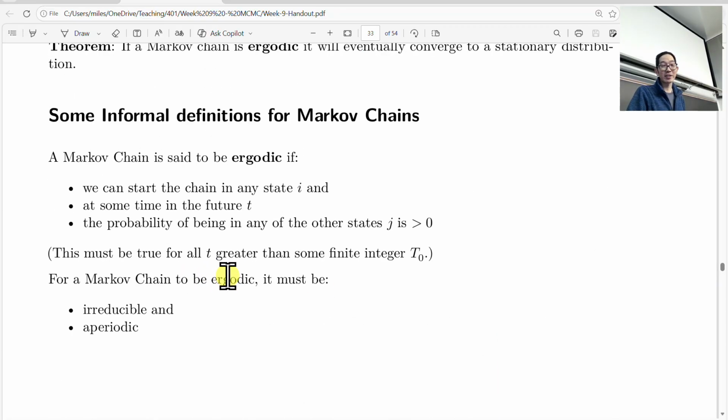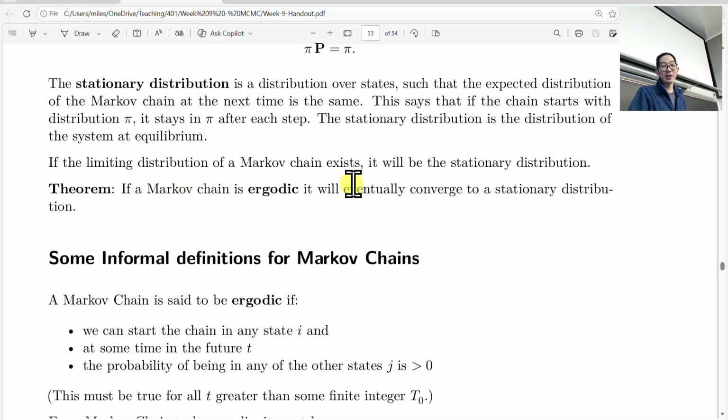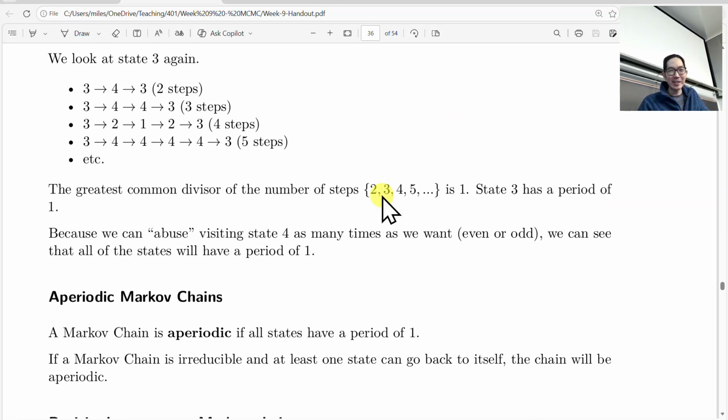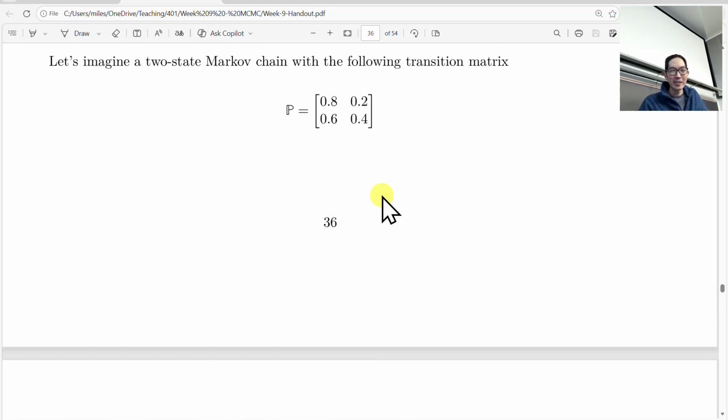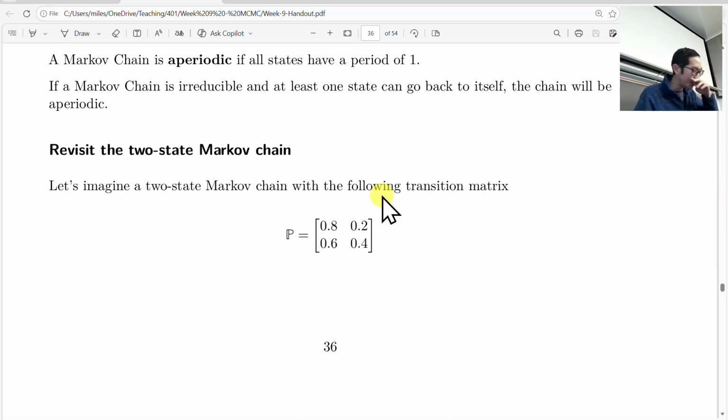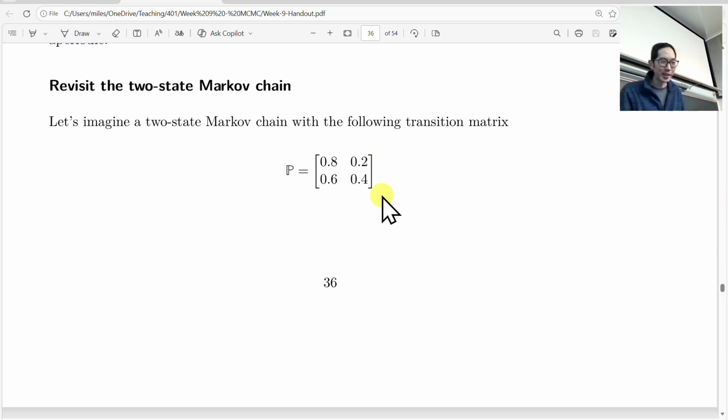And if it's ergodic, it means it will eventually converge to a stationary distribution. So that's the theorem. We're not going to prove any of this mathematically, but this is the idea: if you have a chain where all of the states communicate and it's aperiodic, then it will eventually converge to a stationary distribution.